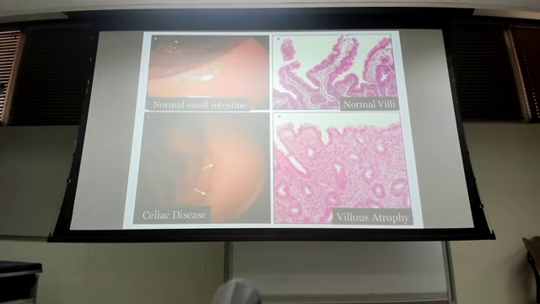And there's just what the microscope lookers see. The top is normal, and you see the long villi, and then down on the bottom you see the atrophy of those villi. And that's the reason that we're not absorbing our nutrients properly in the upper small intestine when we have celiac.